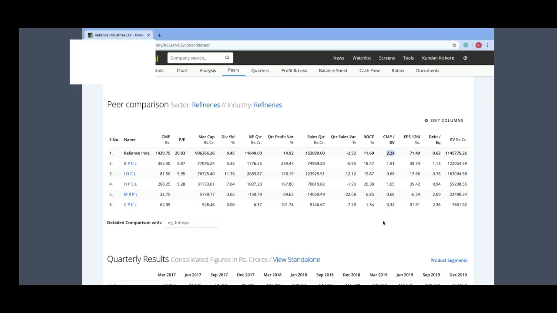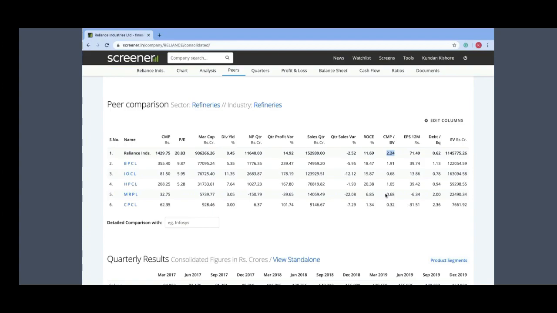For that, obviously you need to go and see so many other factors which you have learned, like what is the compounded annual growth, what is the compounded sales growth, how good in the quality front this company is. But certainly if we only look at price to book value, we can see that Reliance Industries is costliest among all.